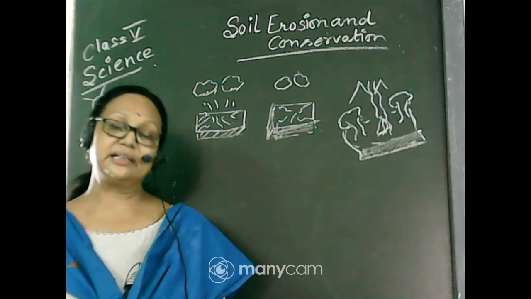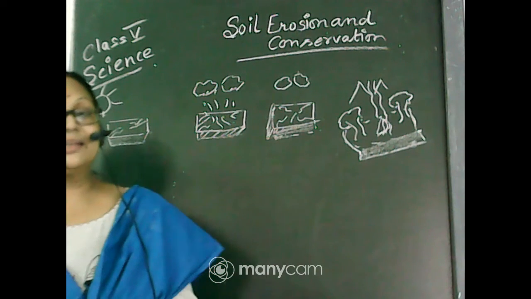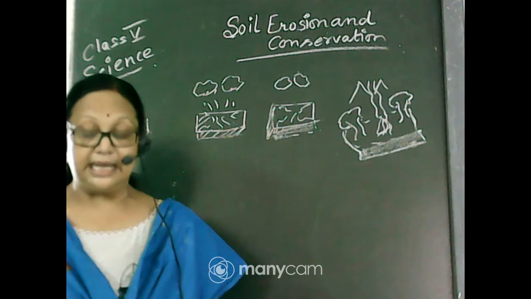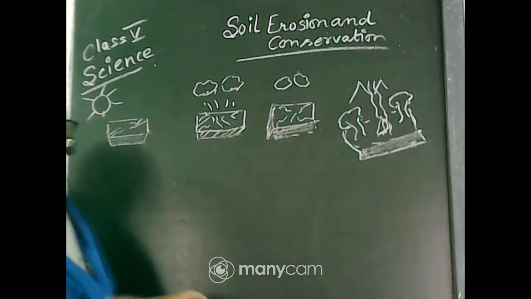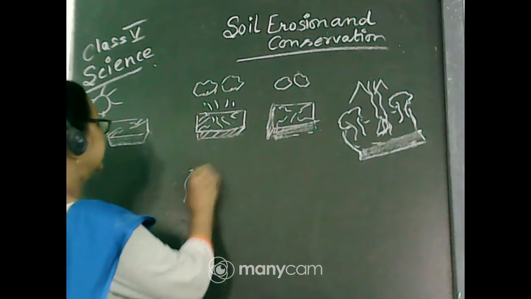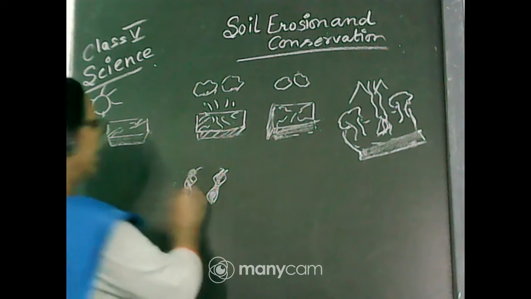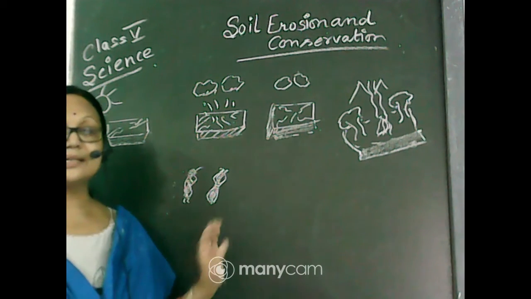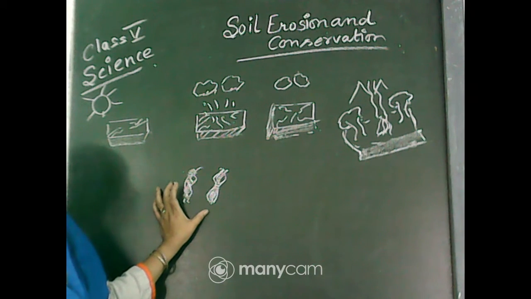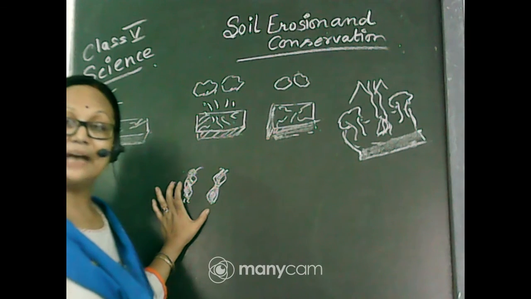Secondly, after the scorching heat of the summer, the rains come, and when the rains come, they cool down the rocks. And due to constant heating and then again constant cooling, you will see there will be cracks in the rocks, and these cracks fill with water.